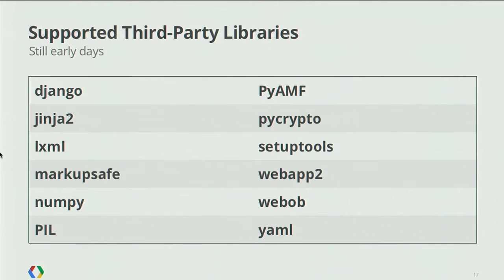OK, so those are some neat libraries I touched on. And WebApp 2 is useful, but less neat. Here is the full set of third-party libraries that we support explicitly in the Python 2.7 runtime. I'm not going to talk about them all, but I'll point out a few others. So Jinja 2 is a templating library. In the Python 2.7 runtime, we had our own simple templating system called webapp.template, which was a very simple facade over Django.